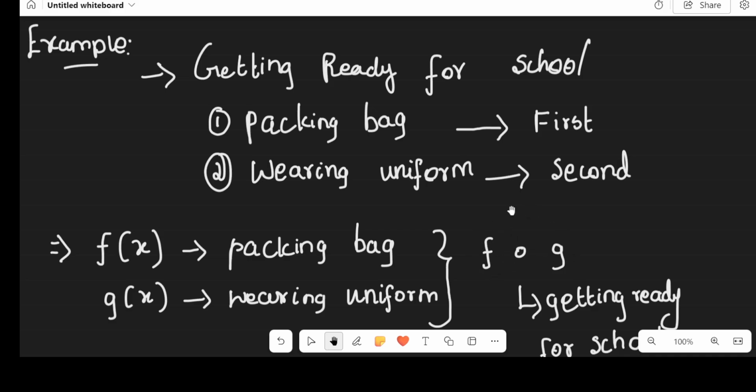The concept is, if you want to find out f of g, you have to apply g of x, that is the second function, first. After applying the second function, you'll get one answer, and after getting that, you have to apply that answer in the first function. This is very simple.